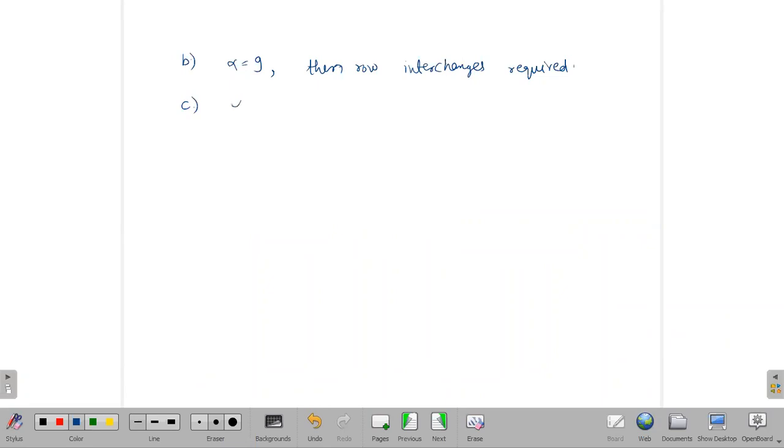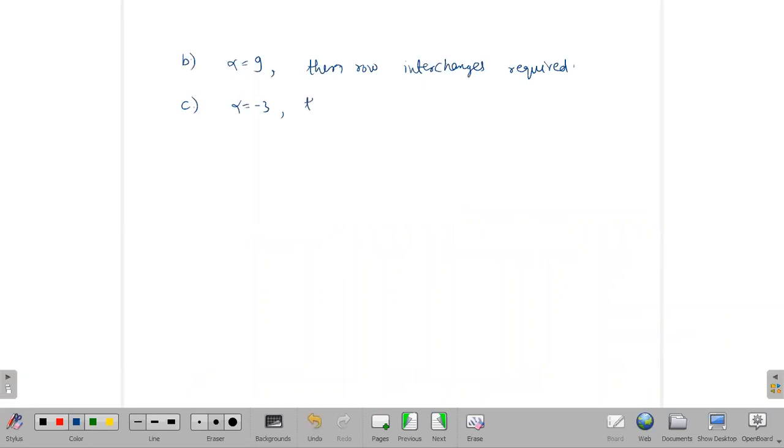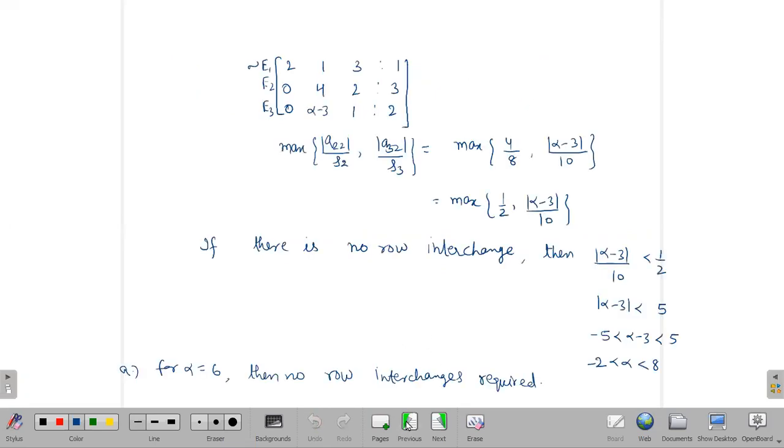And for alpha equal to minus 3, it is also not in this interval, so row interchange is required. So it means only one value we have for which no interchange is required. But if you take any other value between minus 2 and 8, then you can see it is not the case.